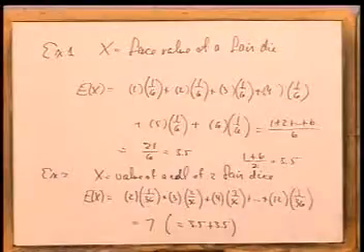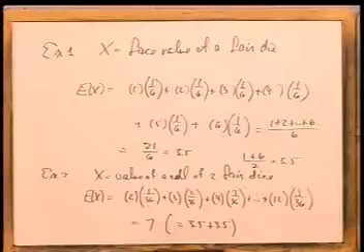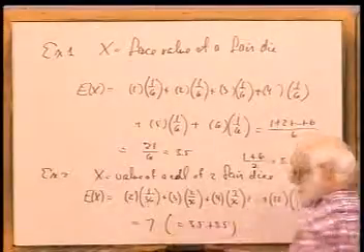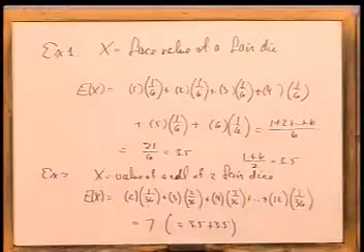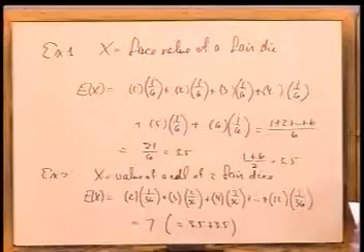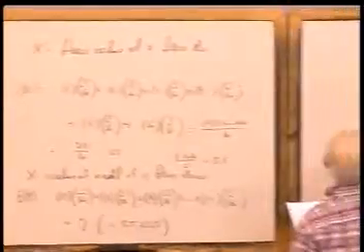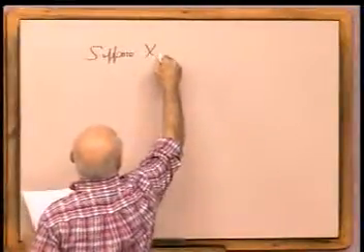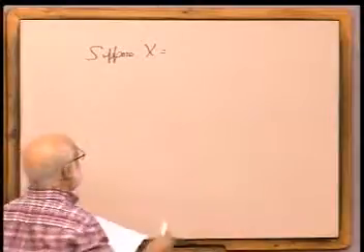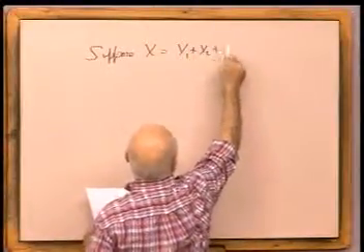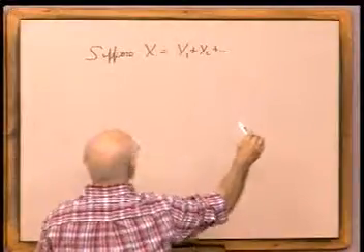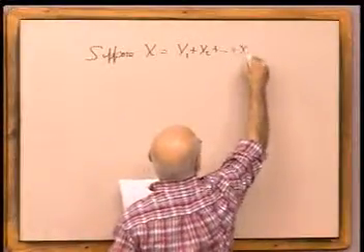So, let me write that down. So this is a theorem. Very useful theorem. So let's see. It's in the book. Here's what I want to write down. Suppose that x, some random variable, can be viewed as the sum, x1 plus x2, and so forth, up to xn.